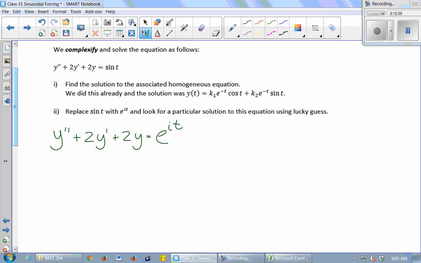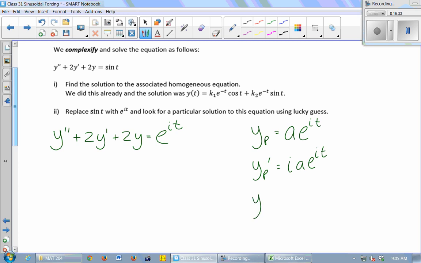The question of why we're doing that will be answered in a few minutes, but we're going to look for a solution to this equation using lucky guess, particular solution. You would guess alpha e to the i t, because that's what we typically guess when we have an exponential forcing function. So my y particular guess is going to be a e to the i t, which means that y particular prime would be i a e to the i t, just because of the chain rule.